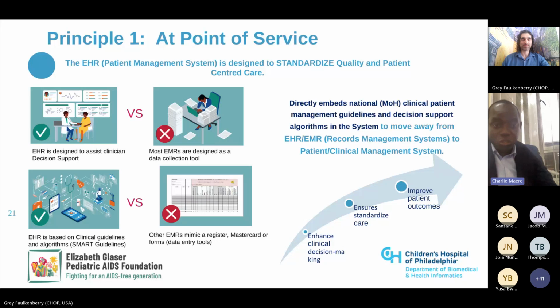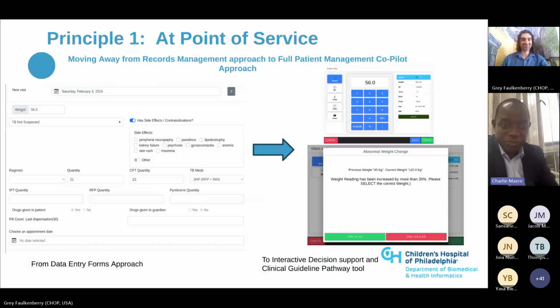When we introduce these kinds of systems to clinicians, it's a big paradigm shift, and we systematically create training curriculums to onboard them into this kind of thinking, which is more effective than changing a clinician to be a data entry clerk. Next slide.